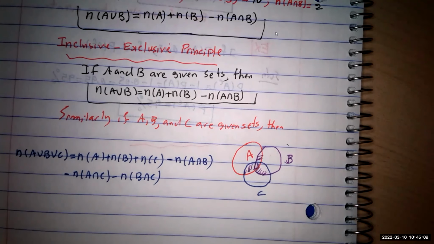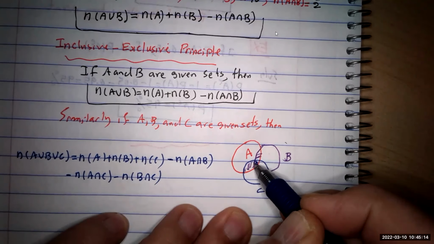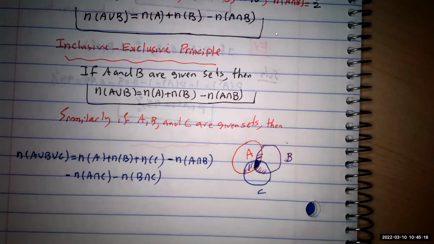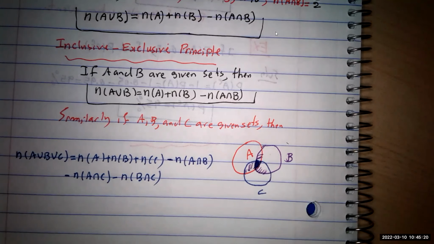Okay, but the difficulty is, look at this one. This is the intersection of all the 3 sets. So when you take this out, this part is taken out of the collection altogether, and it's not going to be counted.